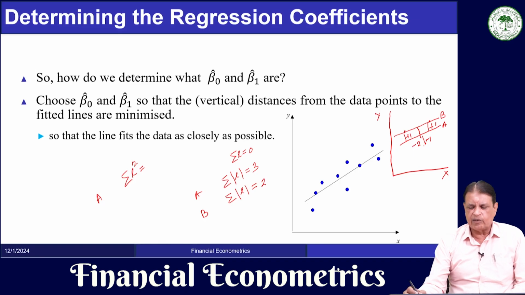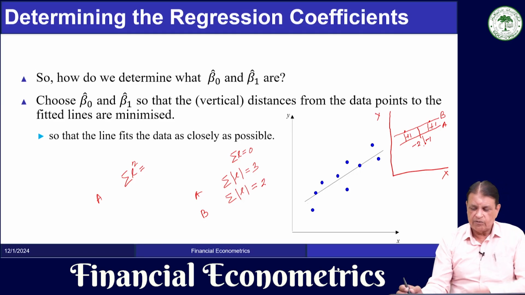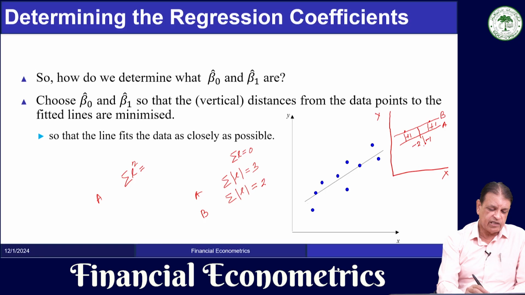There is no problem of sign. If we square 1, this will be 1. If we square this one, this will also be 1. And if we square this as 1, then we will have 1 square plus 1 square plus 1 square. So it will be 3.